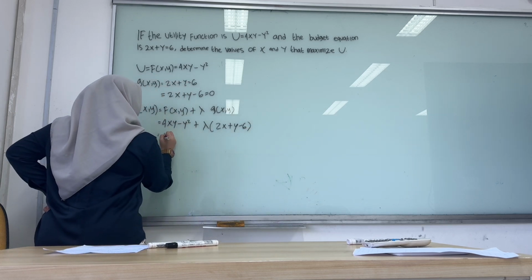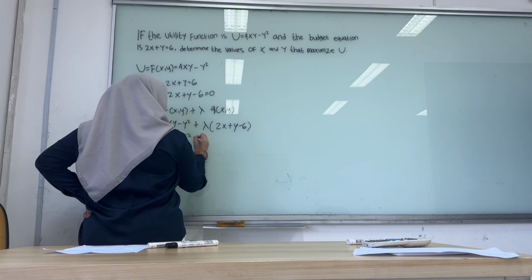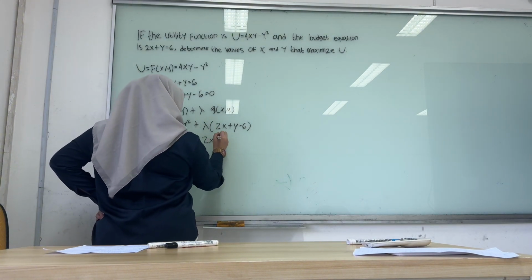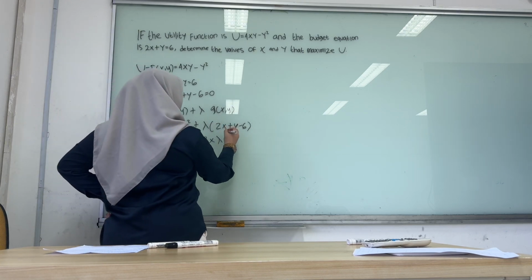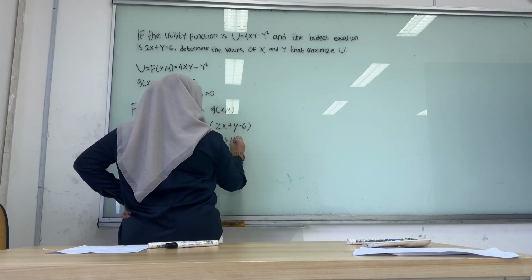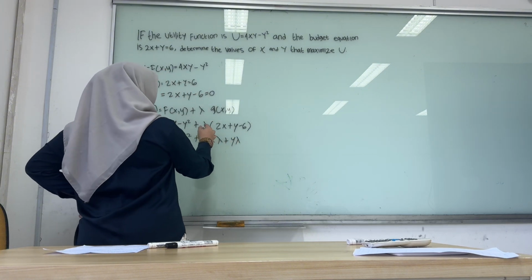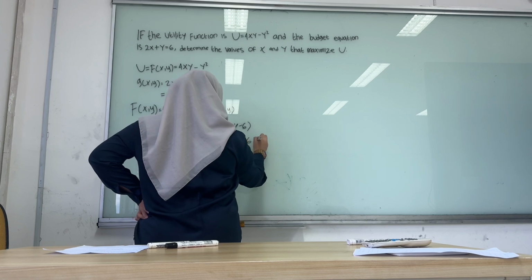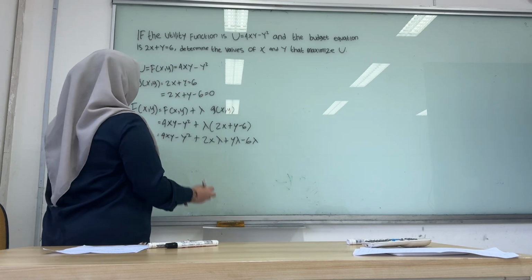So this is 4xy minus y squared plus 2x lambda plus y lambda minus 6 lambda. So this is our F(x,y).